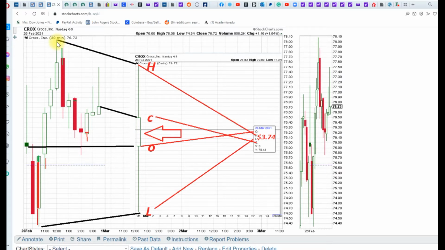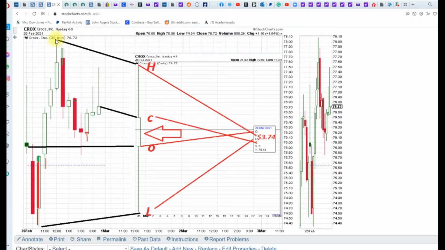If you're a long-term investor with 100 shares, you would have made $116. You are longer term, so there was a $3.74 move on this stock during the day between the high and the low. Some people got in here, others could have got in down here and ridden it up to here.